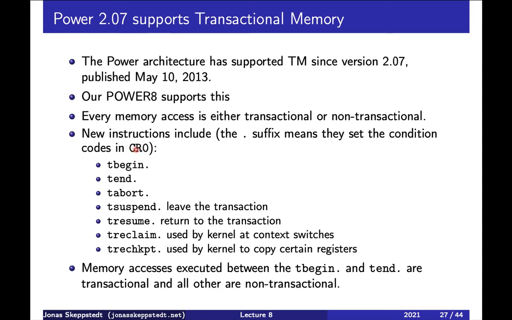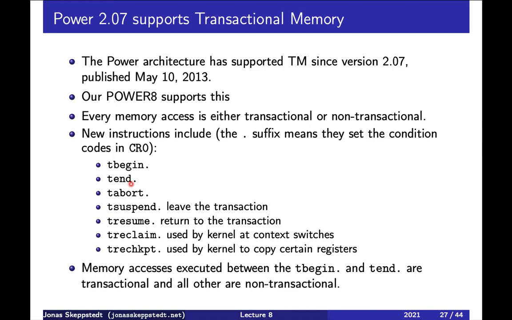This is for integer registers, I mean for writing the result of integer comparisons, and CR1 is for floating point. But some instructions can specify explicitly exactly which such group of 4 bits should be modified. Okay, but I will not talk about that anymore.